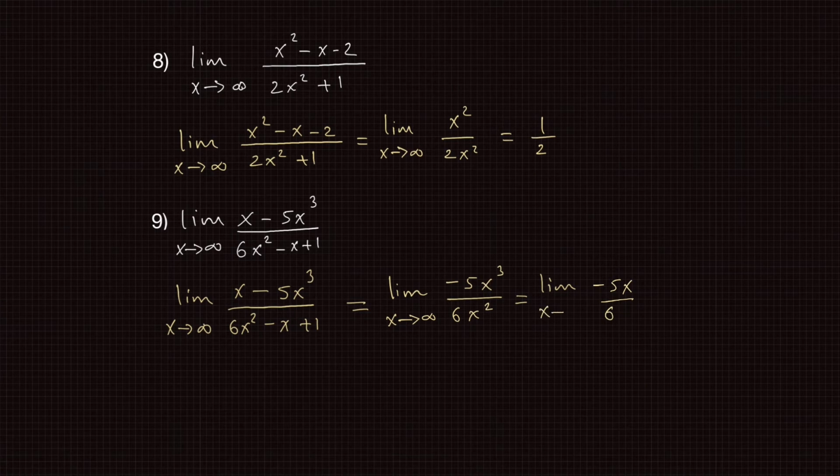Cancelling out the common factors in x, we have the limit of negative 5x divided by 6 as x approaches infinity, which is equal to negative infinity due to the negative sign of this number.